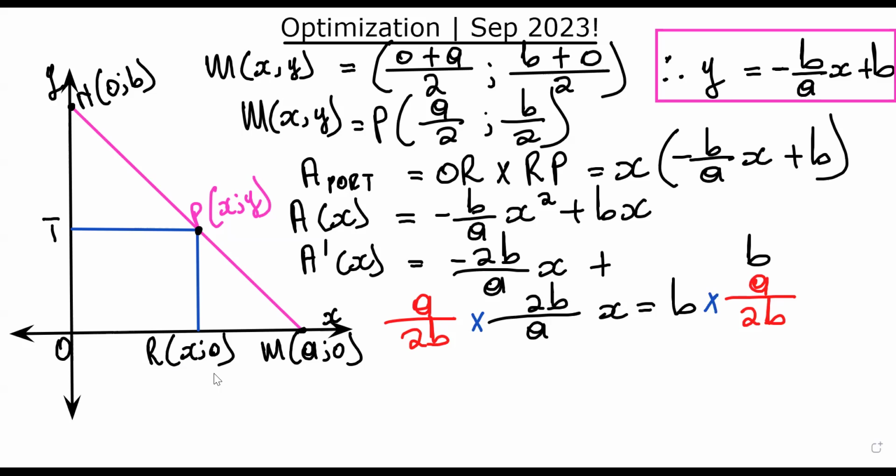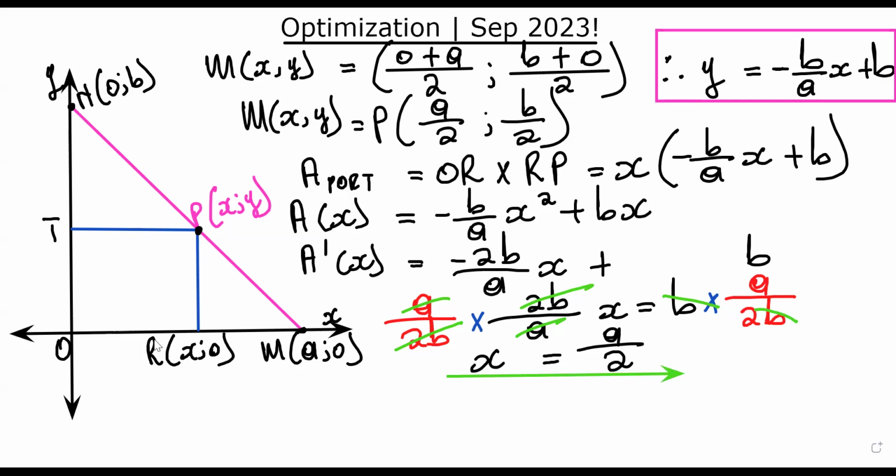Now, what is going to happen if we do that? Well, 2b and 2b will cancel out. a and a will cancel out. So on the left-hand side, we are left with an x. Then b and b will cancel out here. So on the right-hand side, we are left with a over 2. So this is the value of x that we get.